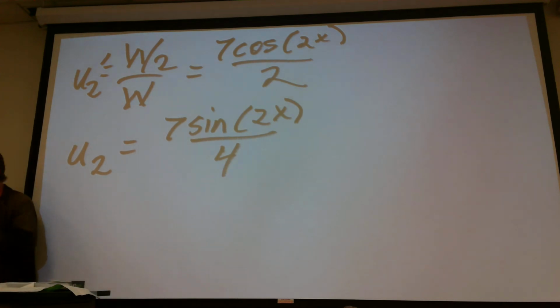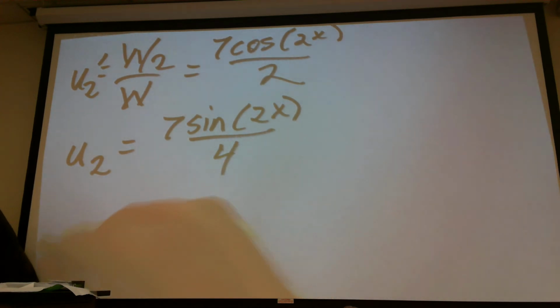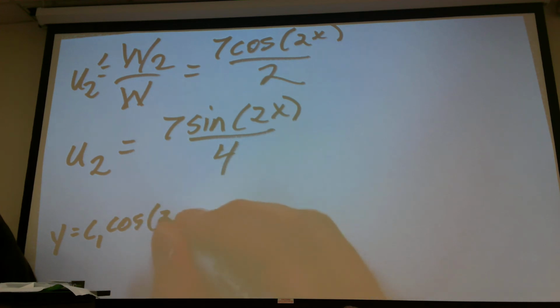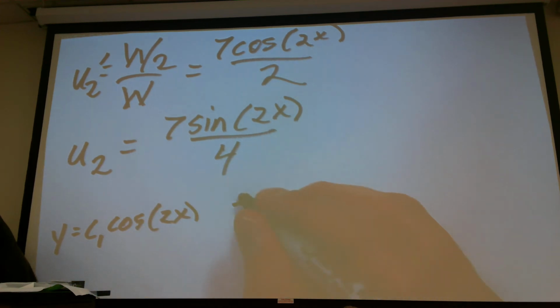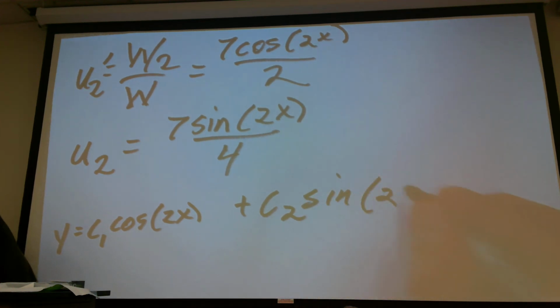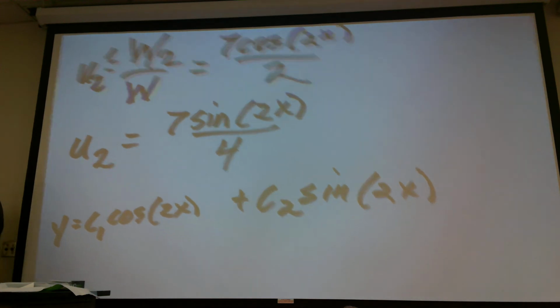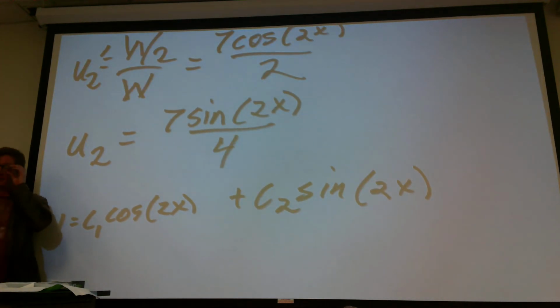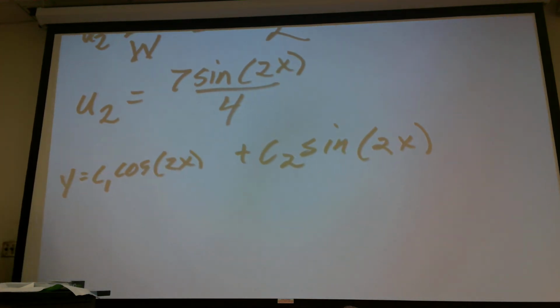Okay. Let's put it all together. So y is going to equal c1 cosine of 2x plus c2 sine of 2x. That's the complementary solution, and then we also have to add in the particular solution.